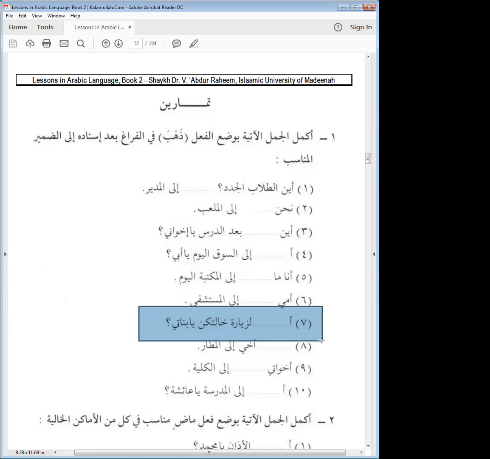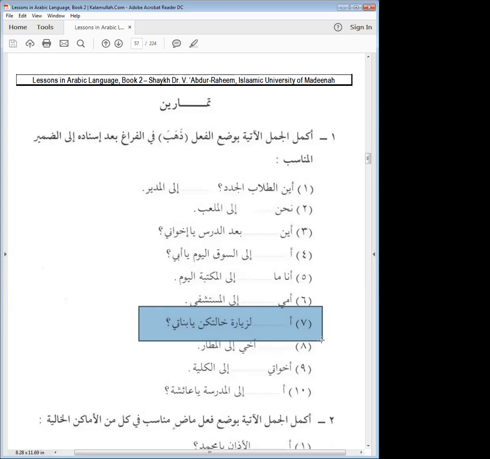We know the verb is dhahaba, to go, because that is what we are applying to all sentences. Then we have li ziyarati, for visiting. Khalatukunna, your aunt, your feminine plural. Kunna means your feminine plural. Okay, just like assalamu alaikum, kum means masculine plural. So if it's feminine plural, you would say kunna, right?